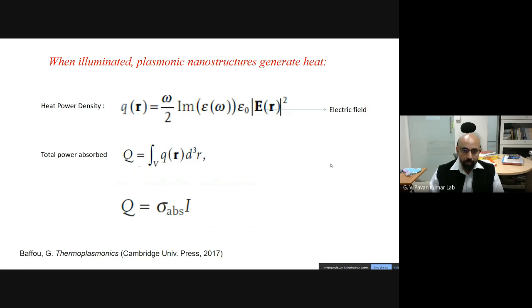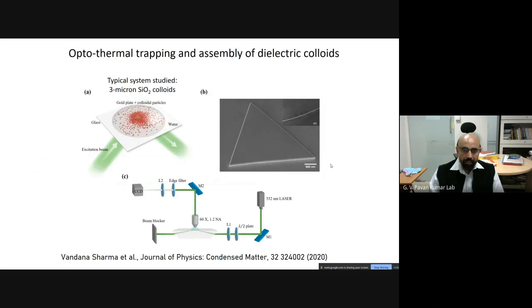Let me give you one of the recent examples from my lab. One of the structures we have been studying is a kind of two-dimensional metal strip, or in this particular case, a plate of gold triangle.